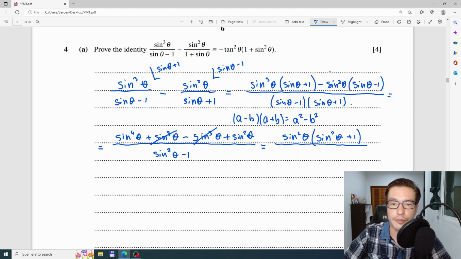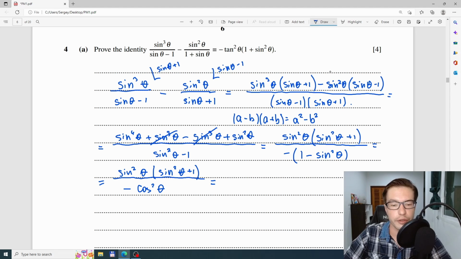Okay, at this point, I want to bring minus outside, and I get 1 minus sine squared theta. Why did I bring minus outside? Because I know that 1 minus sine squared is cosine squared. So I can just replace it straight away. Minus cosine squared theta.